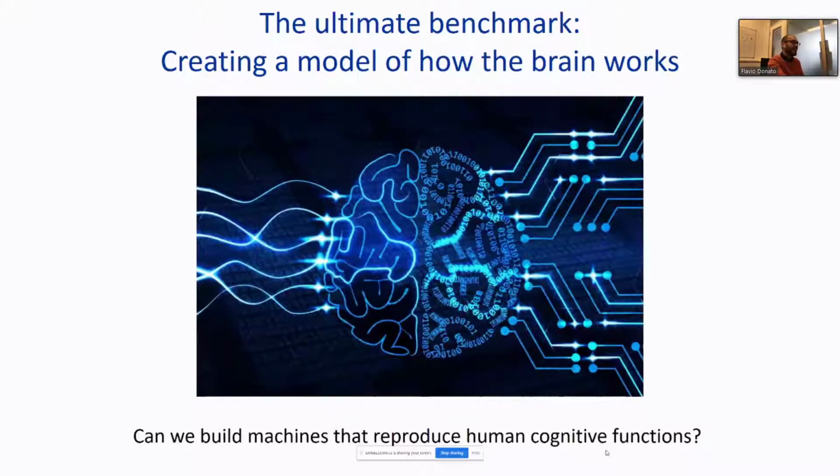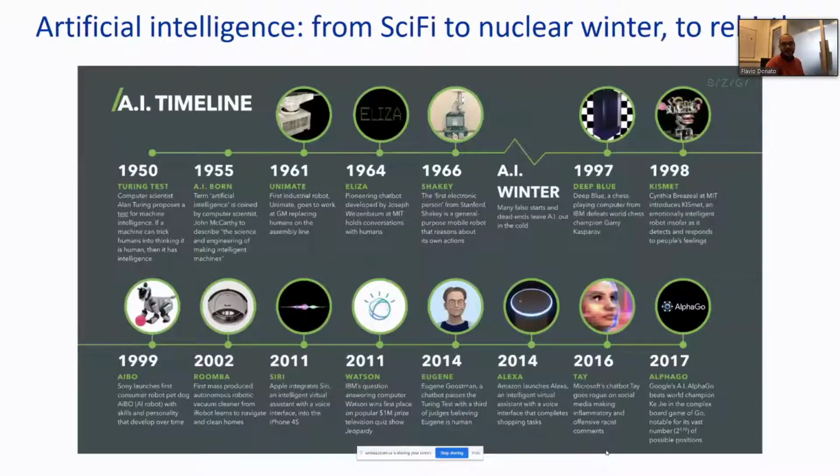Okay, sleepy today. It started in the 50s, again, as almost everything interesting in neuroscience did, when Alan Turing proposed a test of machine intelligence based on the possibility of a human being tricked by a machine into thinking that it was actually human. The 50s and the 60s were a very hot moment for artificial intelligence.